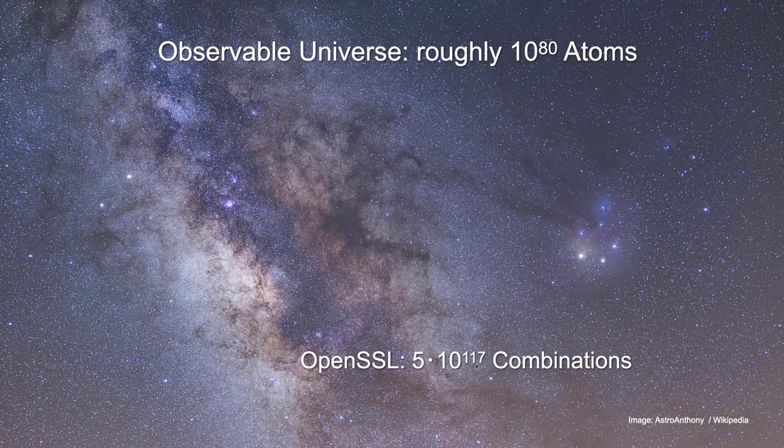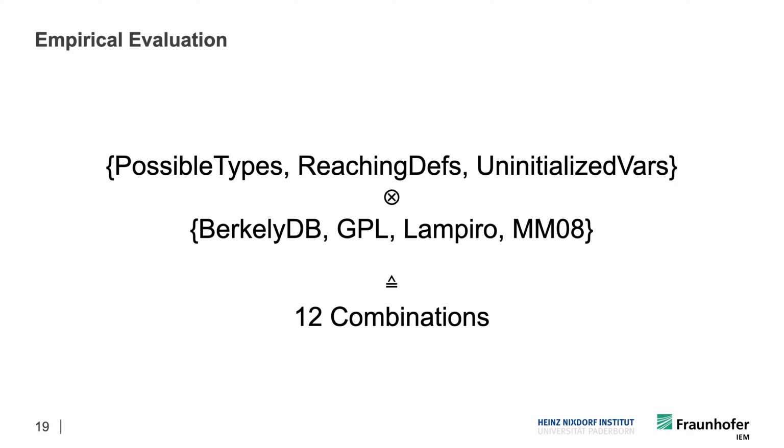And this also showed in some experiments that we ran. So we did some experiments back then, not actually on C and C++ product lines, but using a prototype that we had for Java. And we implemented 3 different static data flow analyses. One was computing possible types, runtime types of variables. One was computing reaching definitions, so what statements could have defined a certain value that I'm currently looking at.